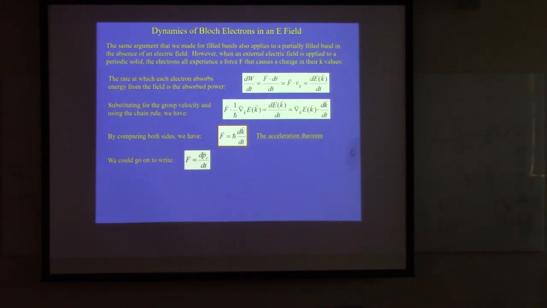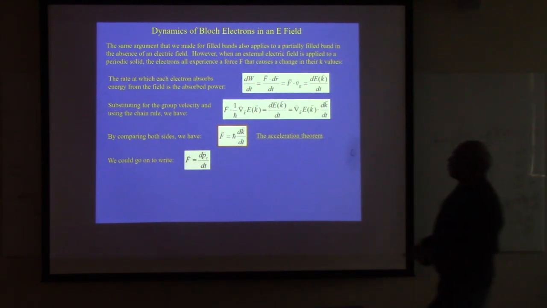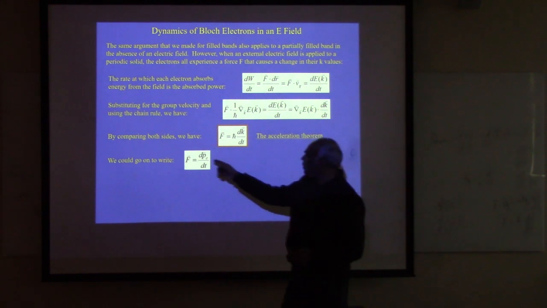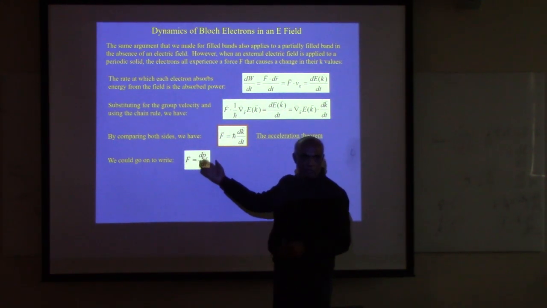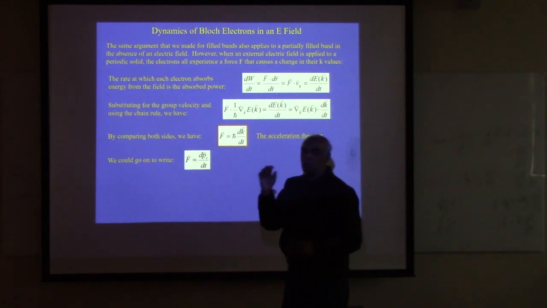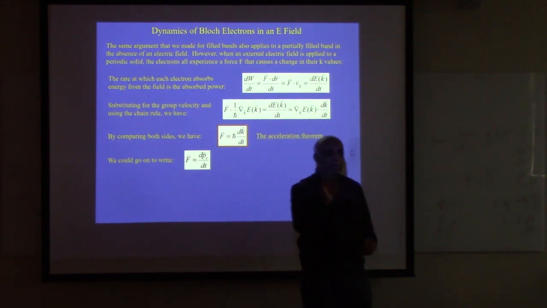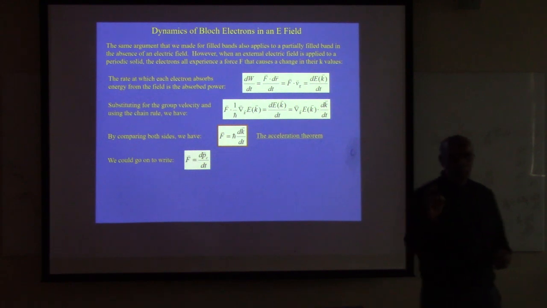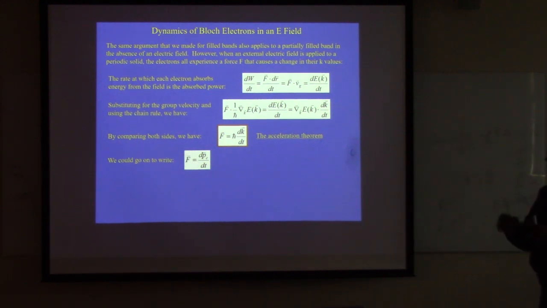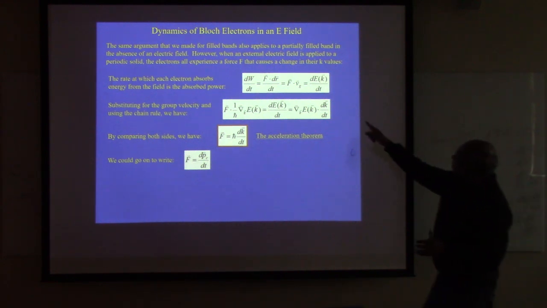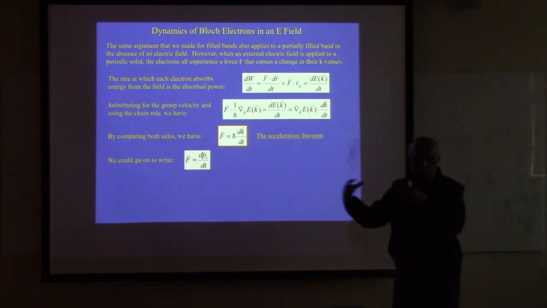So now you can think about this force. Force means what? Rate of change of your momentum, right? But this momentum is not really the momentum of your electron, because if you talk about momentum you have to consider the total force, but here we are only talking about the external force.